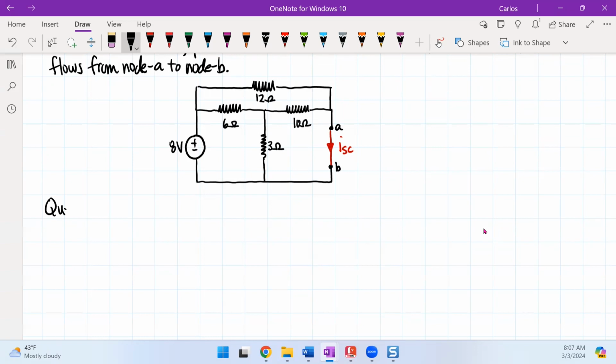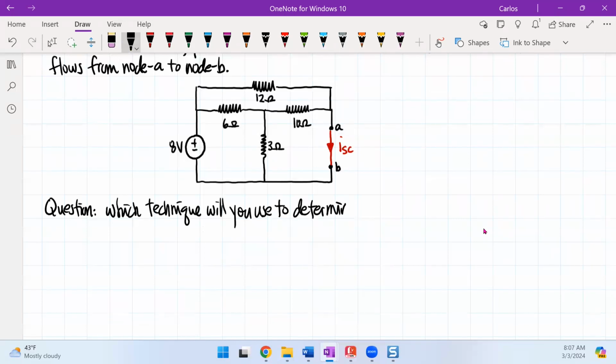Question. Which technique will you use to determine I short circuit?